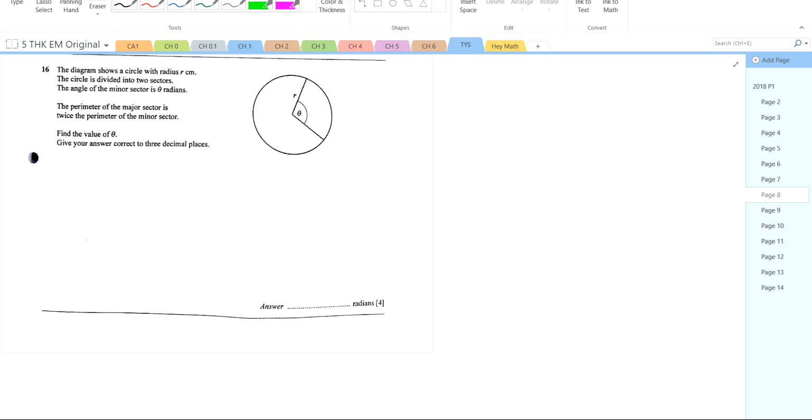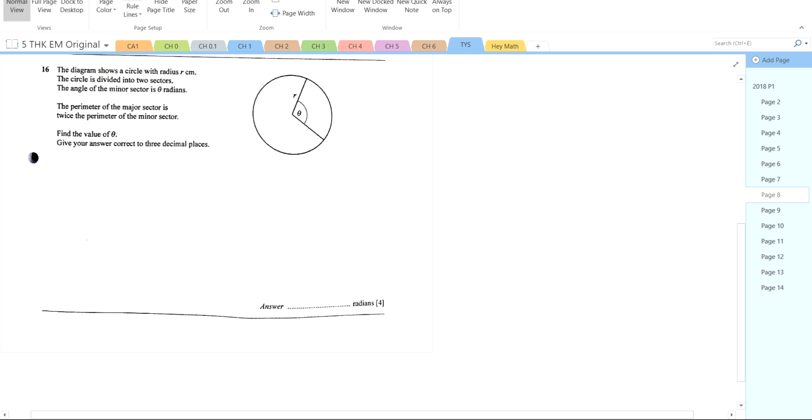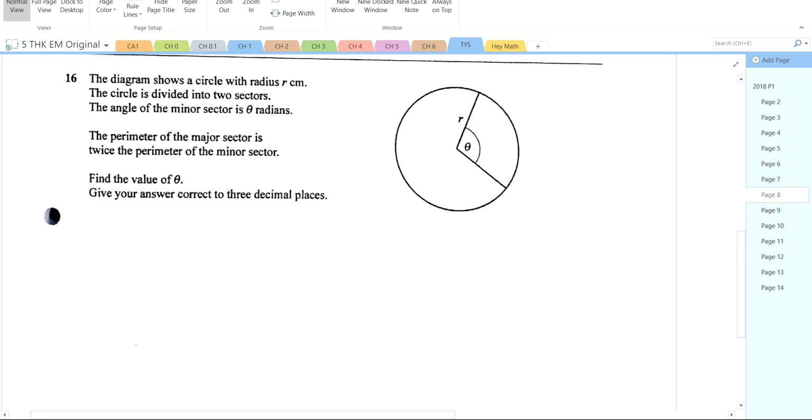Okay, we are required to apply some formula over here. What do you think is the formula that we are required to use? You must be able to quote me the formula first. Okay, they include radians over here. Then they've got the angle of the minor sector.